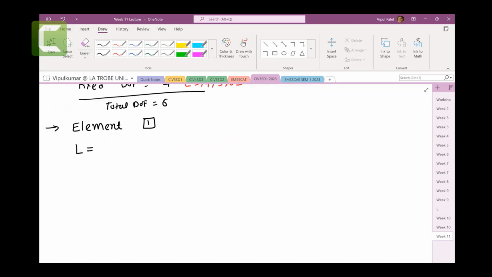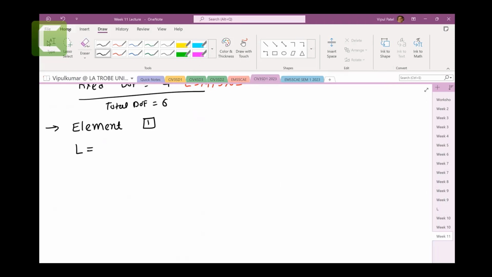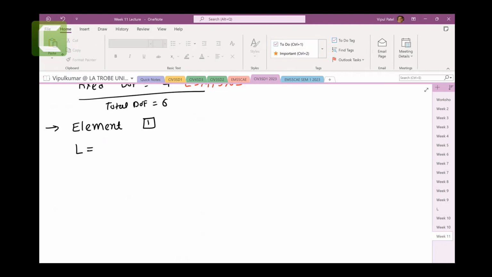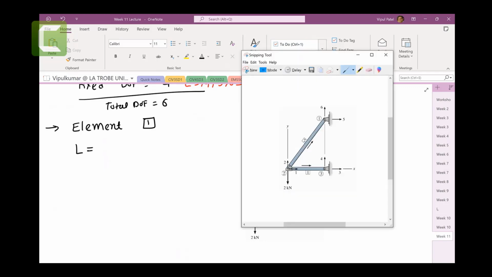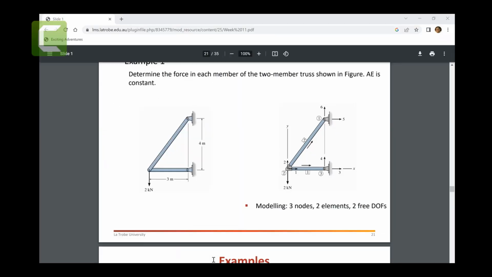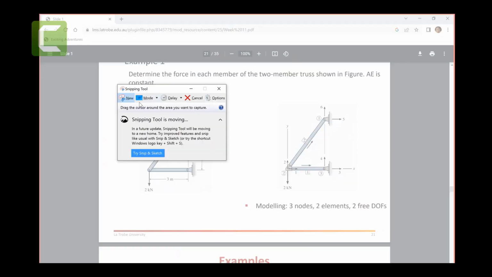Let me get this one here, edit, copy, and then we can paste here. Okay, so that is here. Now in here, I think we can get the length of element number 1 from this other figure.